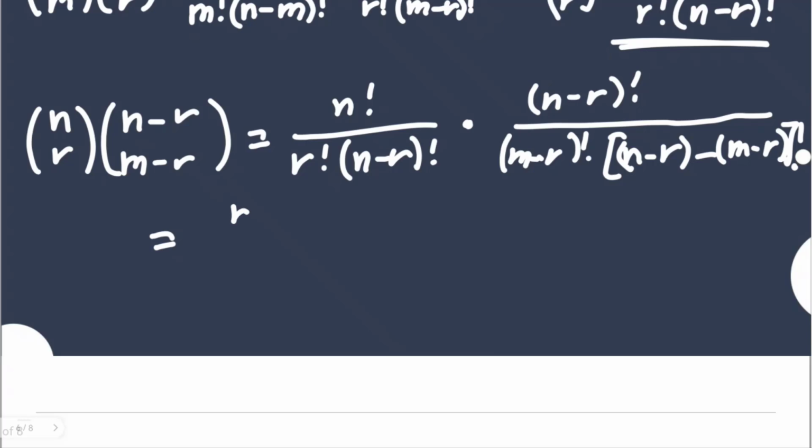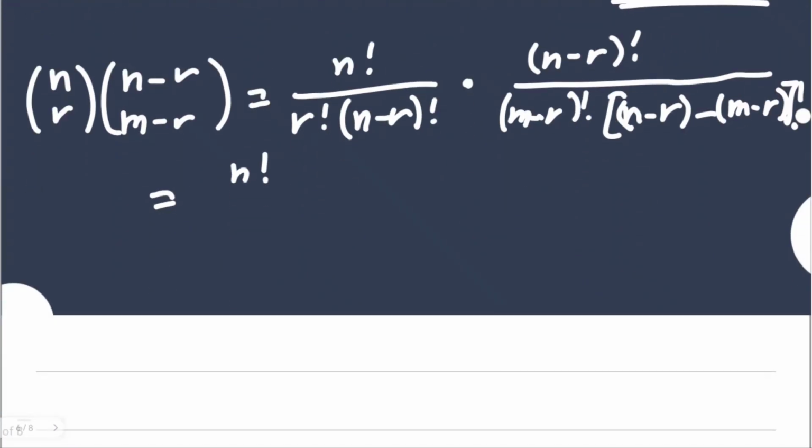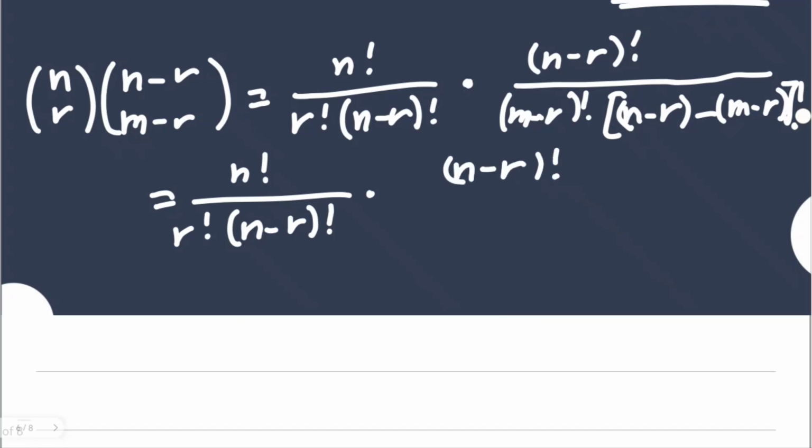So n factorial over r factorial times n minus r factorial times n minus r factorial over m minus r factorial. Again we are stopping here in the meantime, we will return to that. Then by removing the grouping symbol, you will have n minus r minus m, then plus r because of the double negative property, factorial. Continuing at the bottom, n factorial over r factorial times n minus r factorial times n minus r factorial over m minus r factorial.